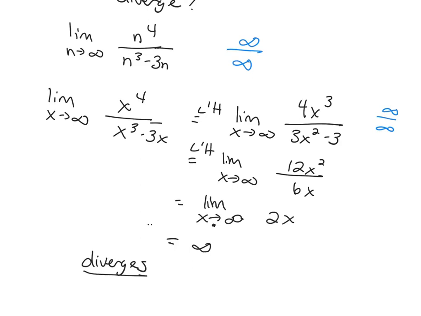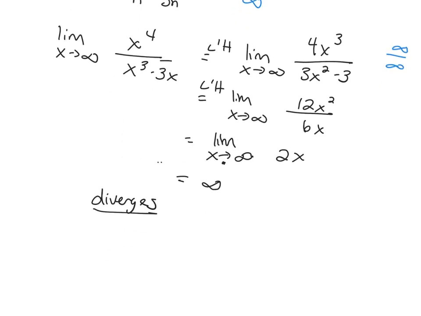Okay? This isn't the only way you can do this, though. There are multiple ways to do some of these problems, and so another thing you could have done, this is the limit, right? We were looking at n to the fourth over n cubed minus 3n.